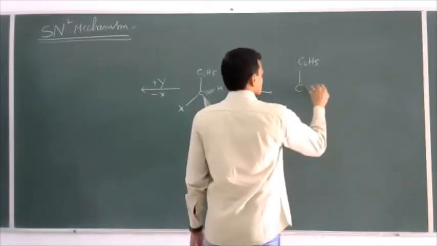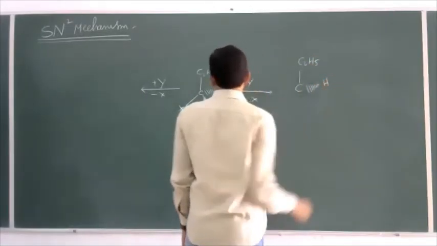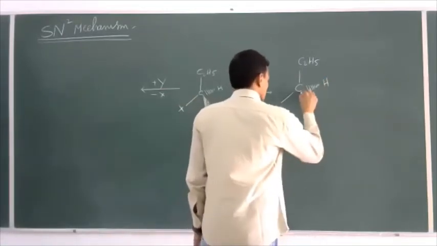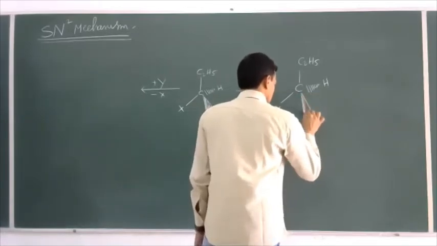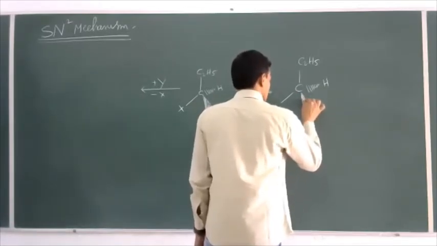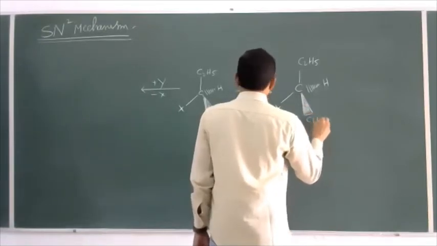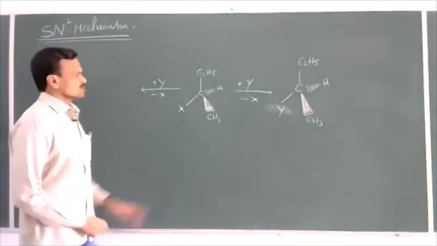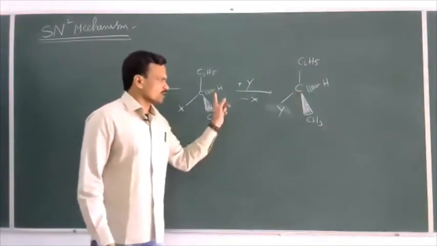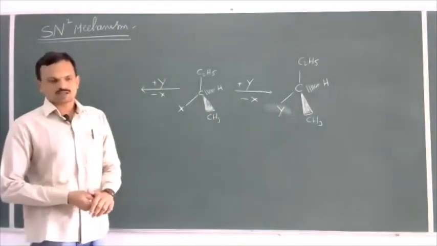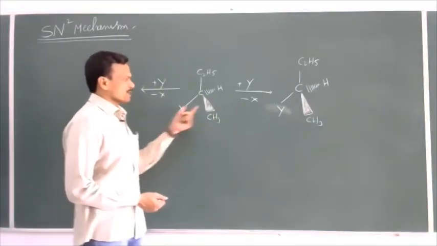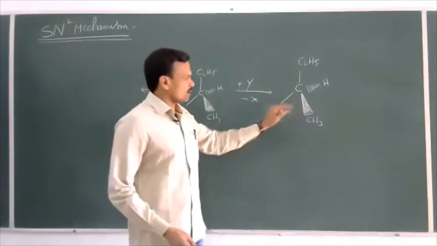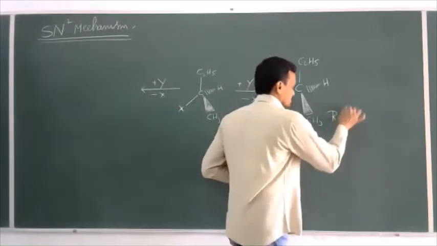C2H5, H, X, CH3. Now here X is replaced by Y. If you observe, these two molecules have the same spatial orientation of the groups, just X replaced by Y. This product is formed with retention of configuration.